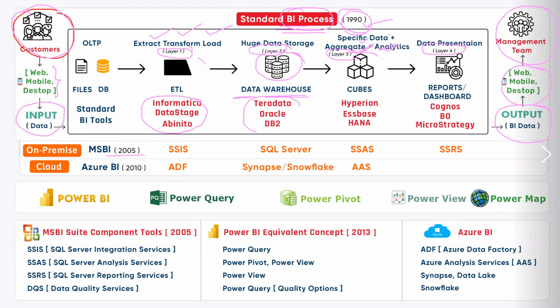Teradata, Oracle, DB2, SQL Server, these kinds of databases here. These kinds of ETL tools, databases, analytical components, and reporting components were compulsory to implement end to end. It was very complex for many organizations.